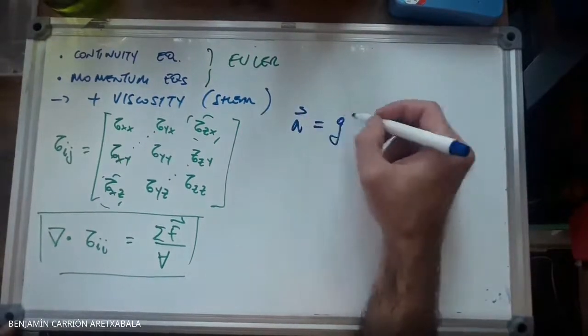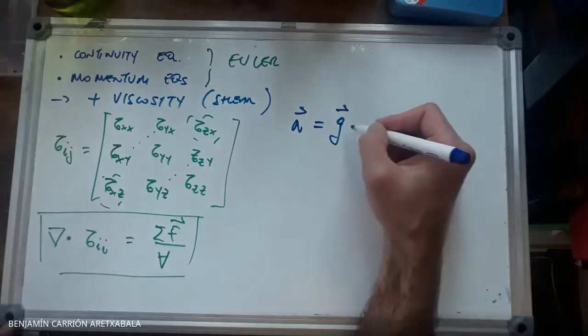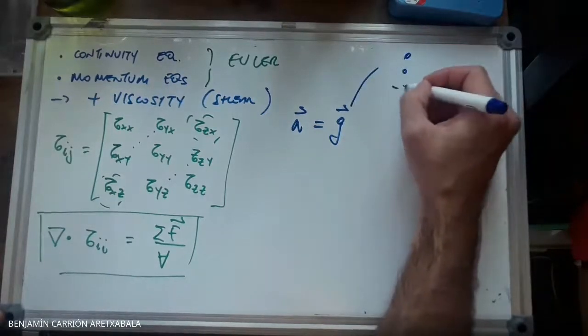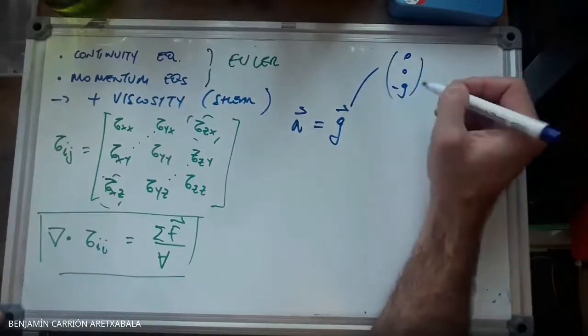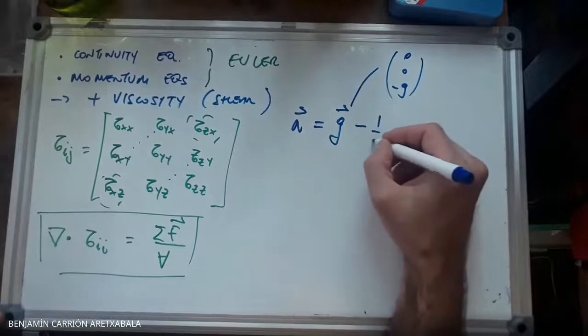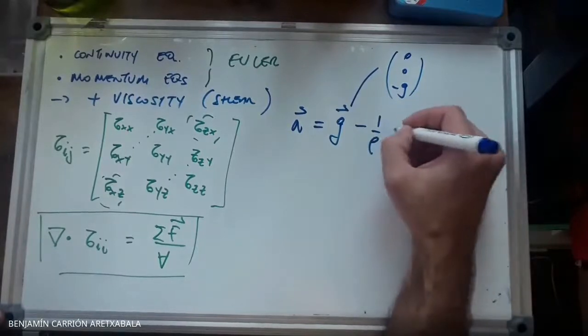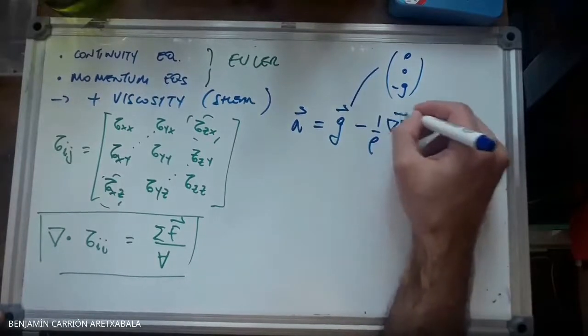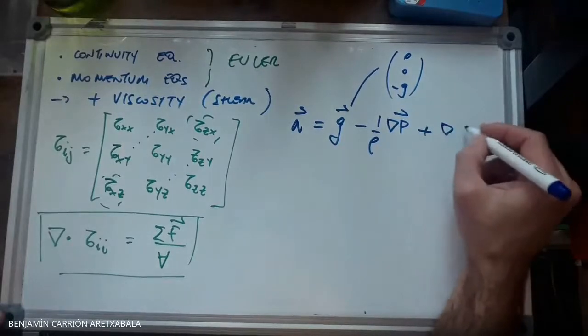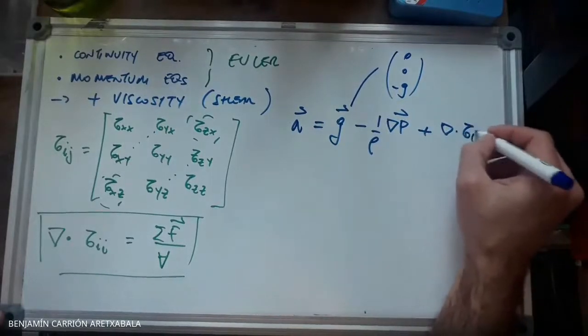So you have that the acceleration is equal to the gravity field, the general gravity field. This guy is normally 0, 0, minus g, right? Minus 1 over rho of the gradient of pressure plus the gradient of the tau ij.